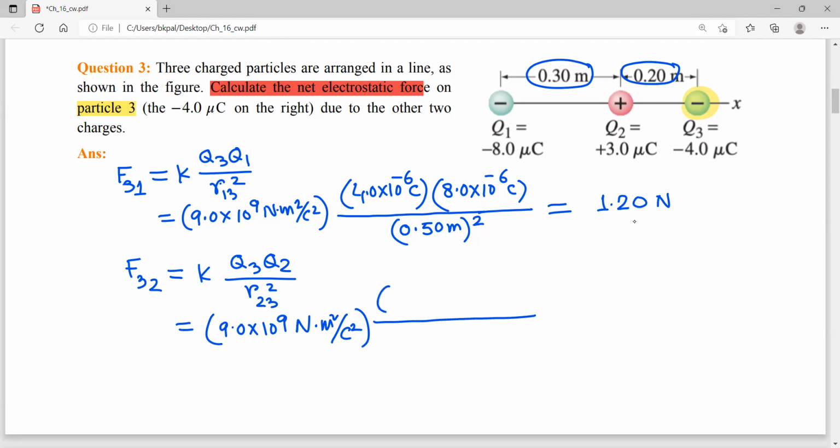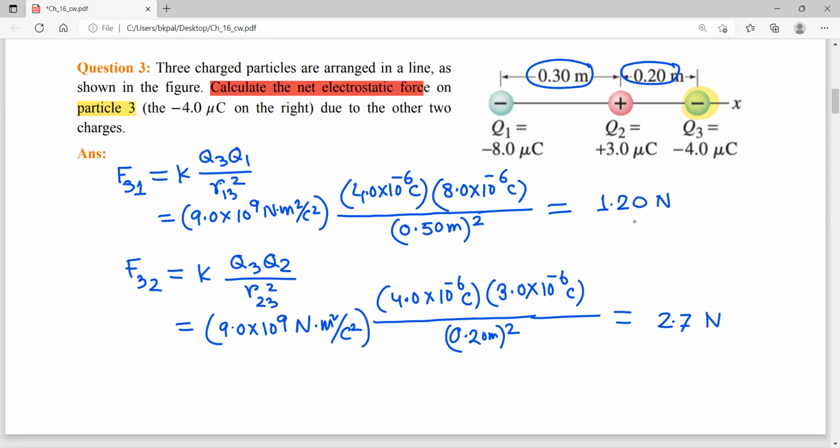Q3 is again 4 times 10 to the power minus 6 Coulomb. Q2 is 3 microcoulomb, means 3 times 10 to the power minus 6 Coulomb. The separation between Q2 and Q3 is 0.20 meter, squared. I already calculated it, and it is 2.7 Newton.